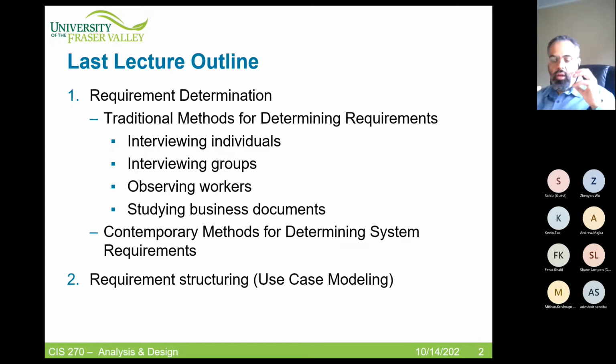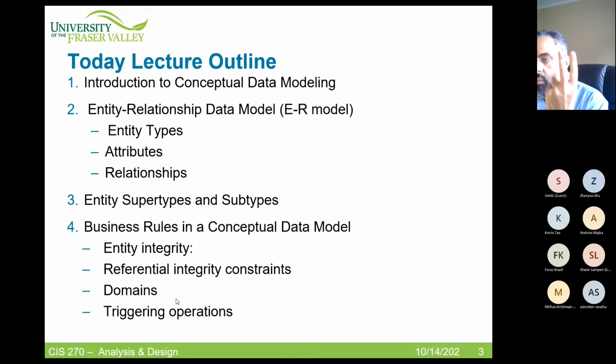So we started with requirement structuring, which is how to make a graphical model for these requirements. And we said that there are two parts in requirement structuring. The part concerning how we make the graphical model for knowing different domains, plus the different scenarios and the sequence of actions based on different roles of who is going to interact.